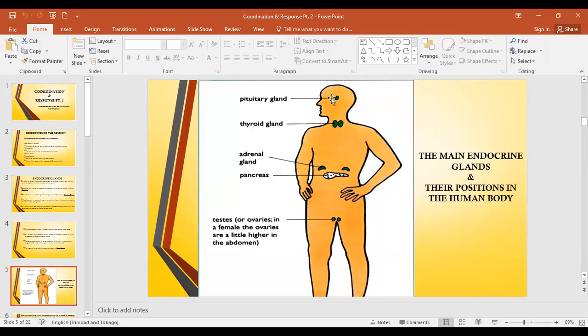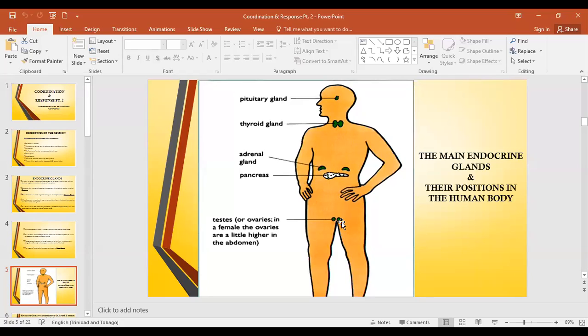So this is another image, just a proximity of where the pituitary gland is located. Over here, you have your thyroid glands. Here you have your adrenal glands. Your pancreas is here, which also secretes hormones, right? And then you have testes or ovaries.